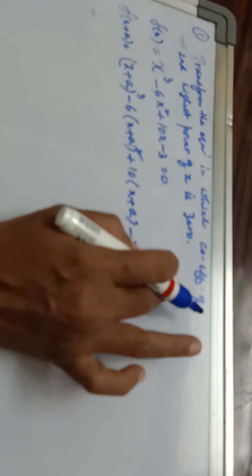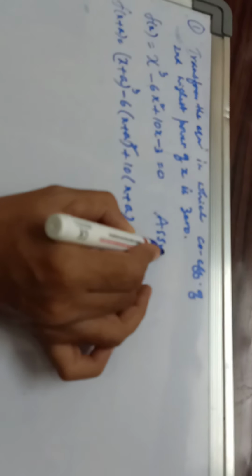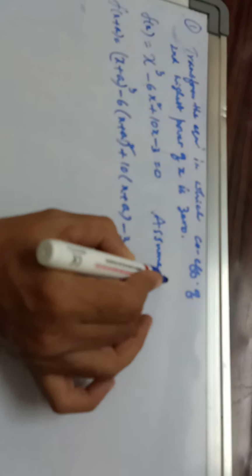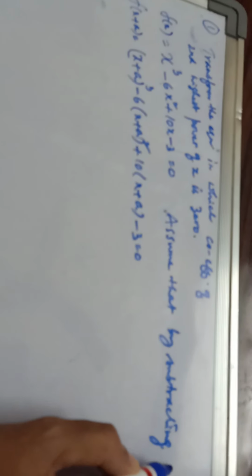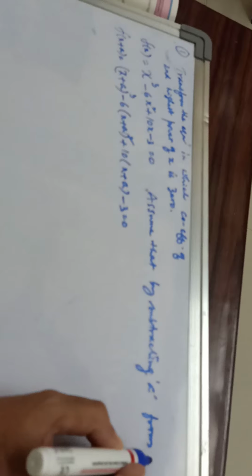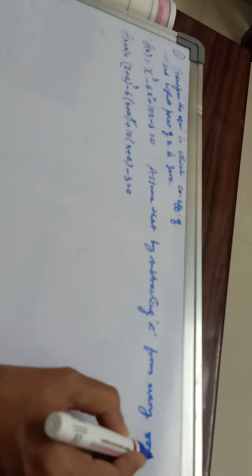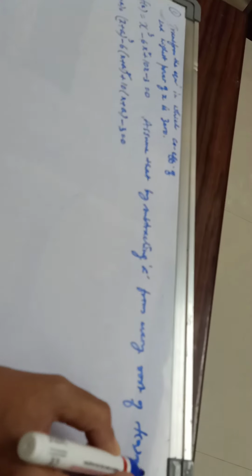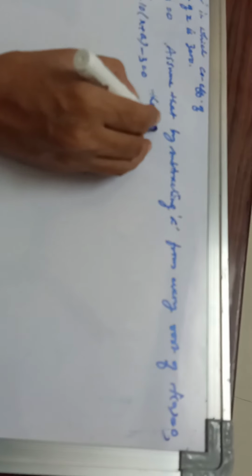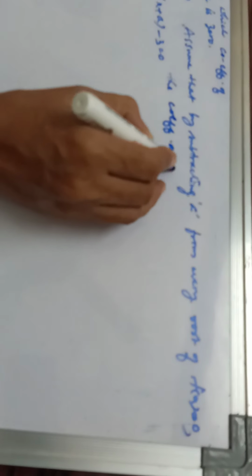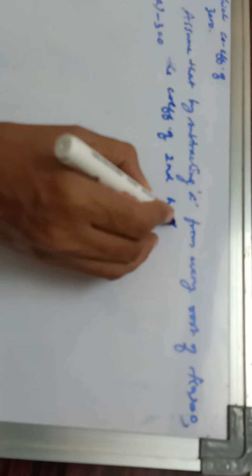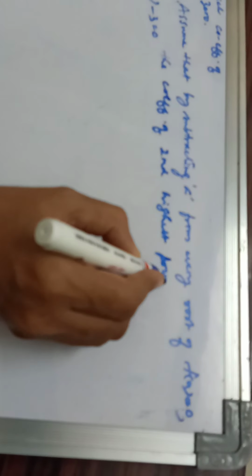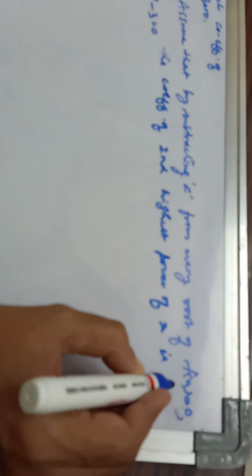So what did we assume here? Assume that by subtracting a from every root of the given equation f of x is equal to 0, the coefficient of the second highest power of x is 0.